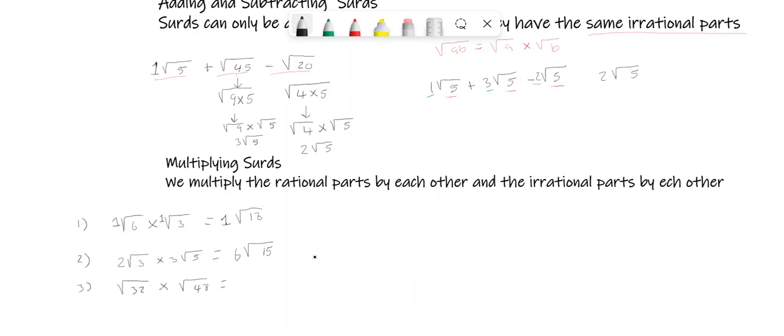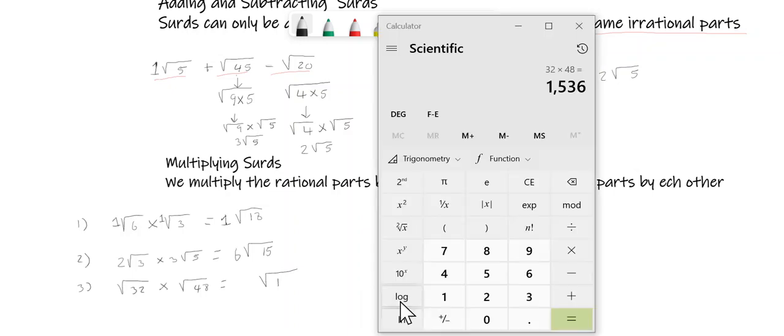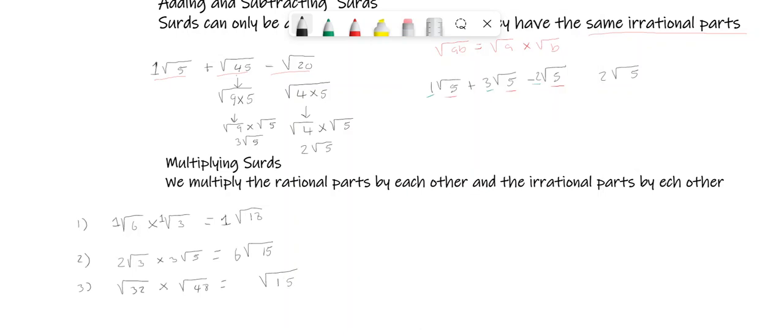So it's going to be equal to the square root of 1536. But it's going to be very hard to try and simplify that. Trying to simplify that would be next to impossible. So what you can do is first of all simplify these and then multiply them by each other.